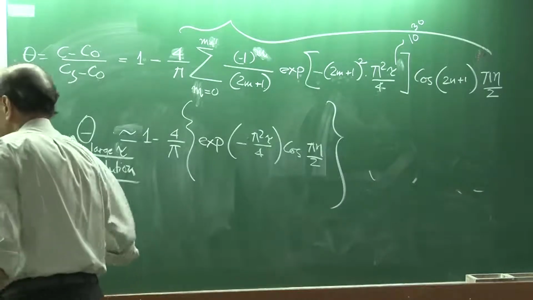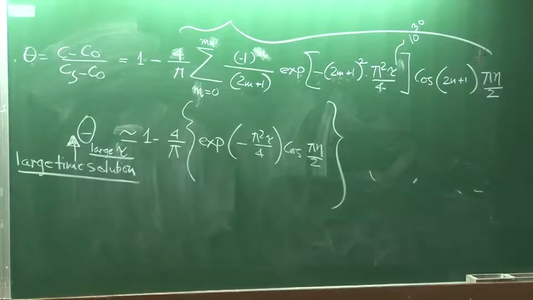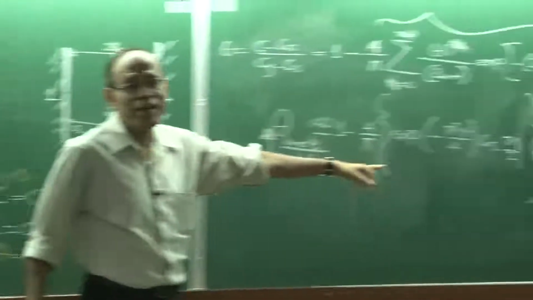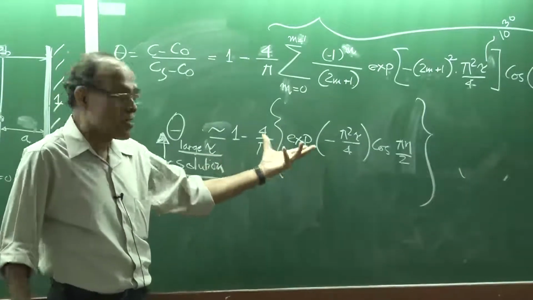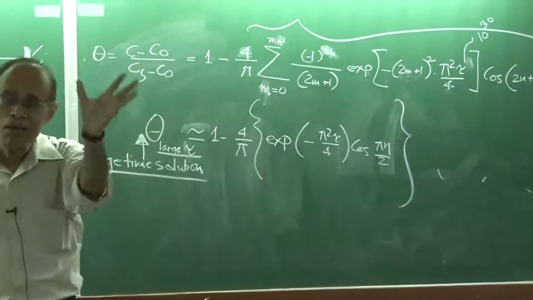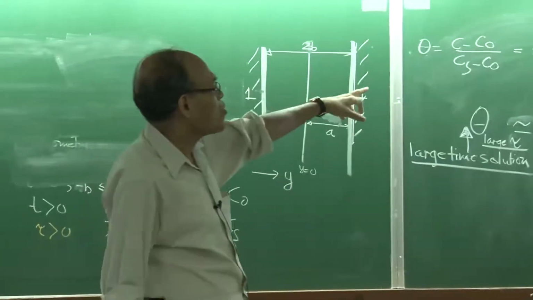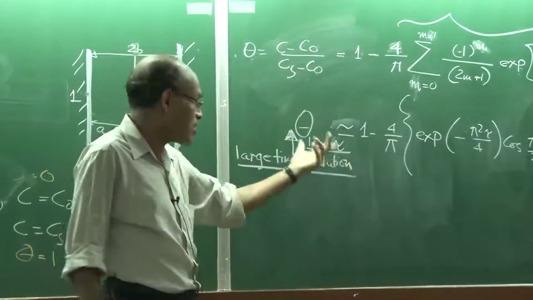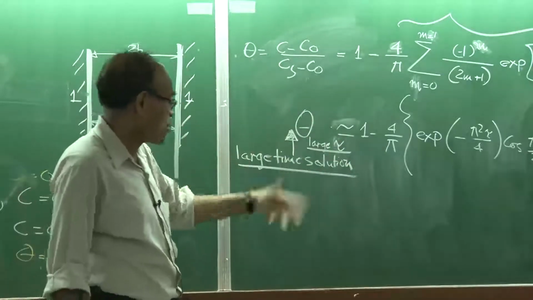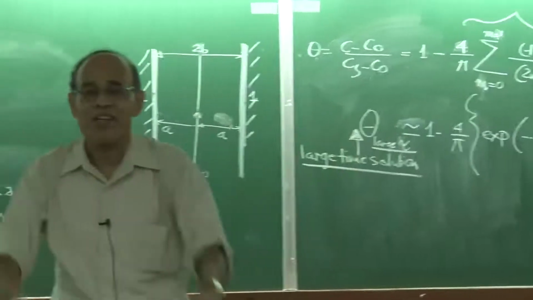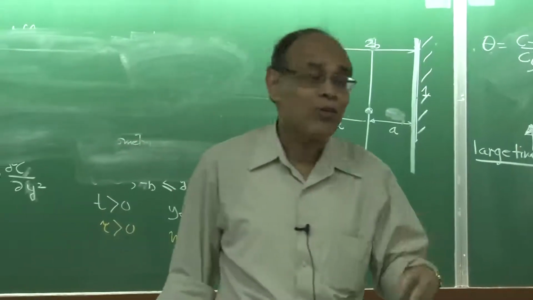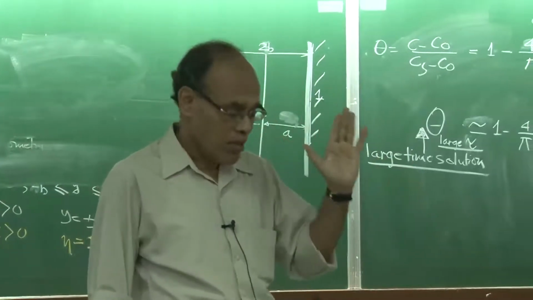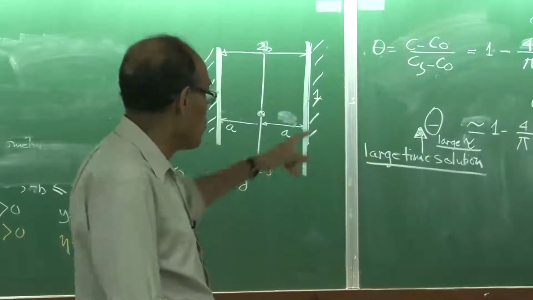We also have, in the context of heat transfer, this large time solution which I have not given. From this you should now be able to, because I just gave you the solution and also the expression of flux, but I want to introduce here the large time solution as well as a mean concentration solution, so that you can combine the heat transfer and the mass transfer knowledge, which will allow you to calculate not only the concentration profile, but also the mean concentration, the flux at a given time at the surface, and also the large time solution.